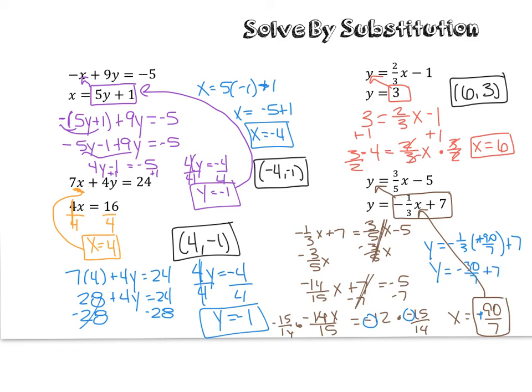Using your calculator again, y is going to be 19 over 7. So even though the answer is super ugly, you get 90 over 7 and 19 over 7. That should be your answer.